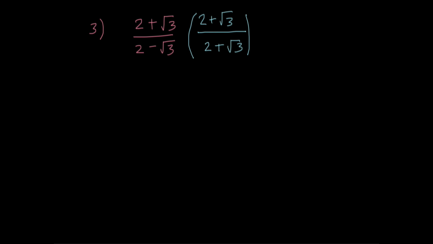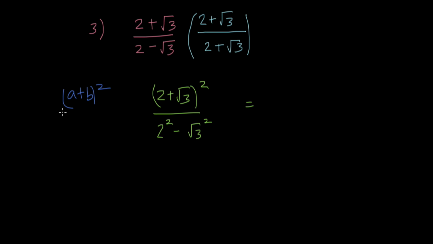In the numerator, we get 2 plus root 3 whole squared. In the denominator, we get, again using the identity, 2 squared minus root 3 squared. Okay, and this is another identity here. It's a plus b the whole squared gives me a squared plus 2ab plus b squared.